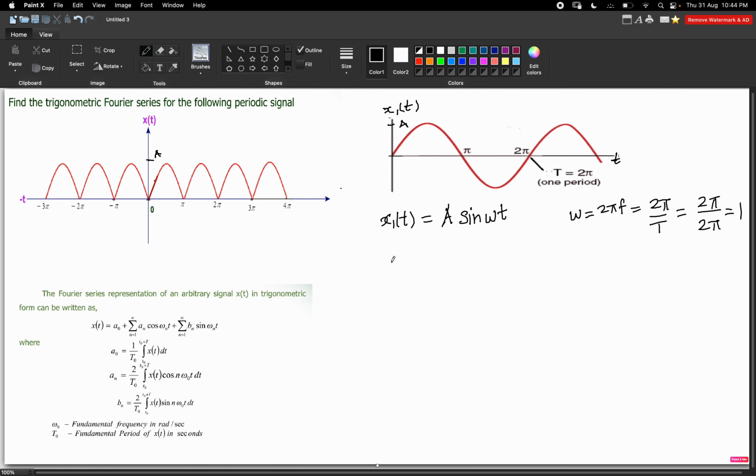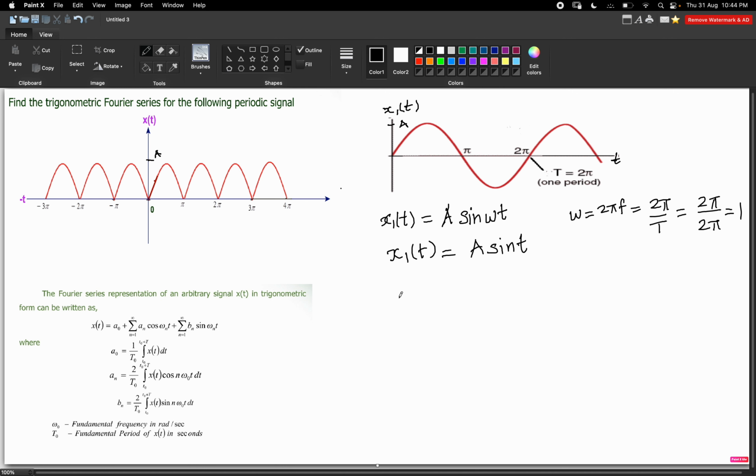Okay, so the x1 of t expression is simply noted as x1 of t equal to A sin t. So we found x1 of t, which is A sin t. Now we need to find x of t, which is the required one to find the Fourier series.